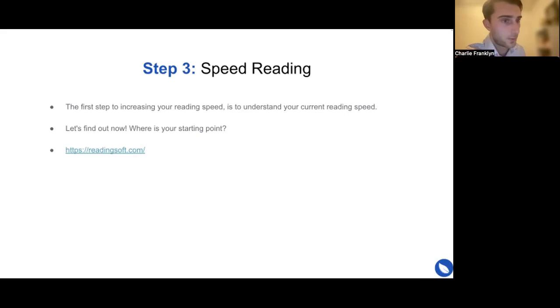Mish is at 851 words per minute. Wow. 701 words per minute, 709.